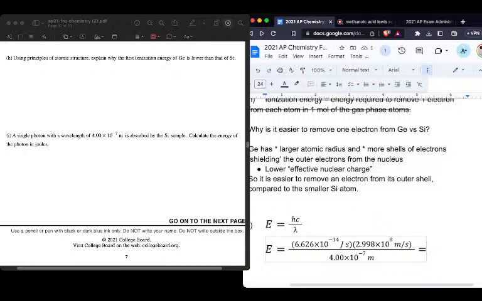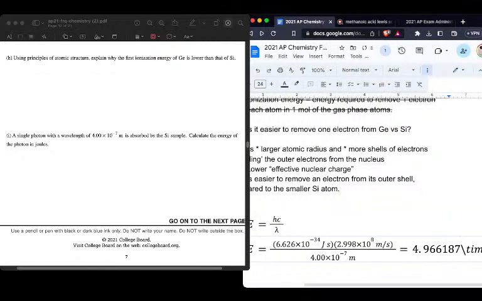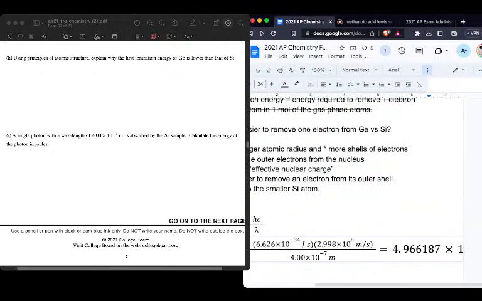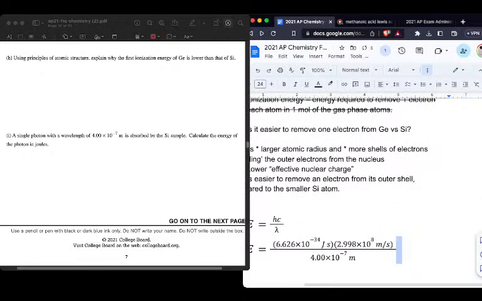I know I can type them into mine. 6.626 times 10 to the negative 34 times 2.998 times 10 to the power of 8 divided by 4.00 times 10 to the power of negative 7. That's 4.966187 times 10 to the power of negative 19 joules.